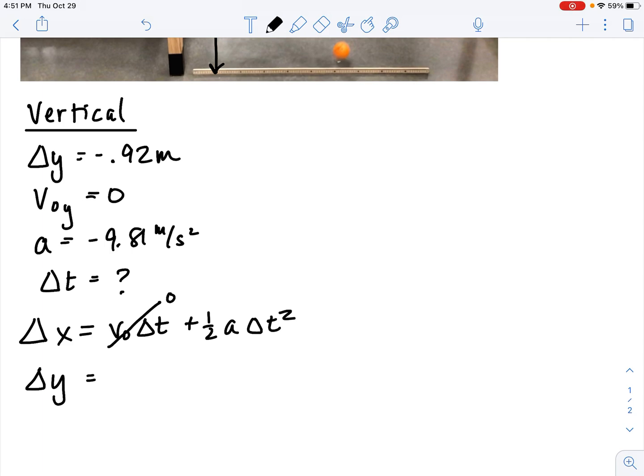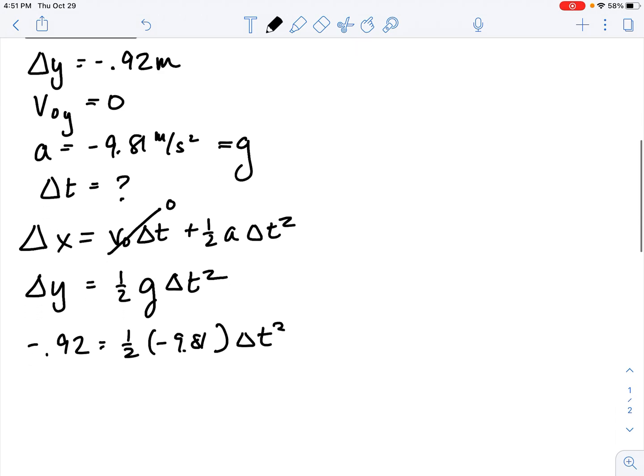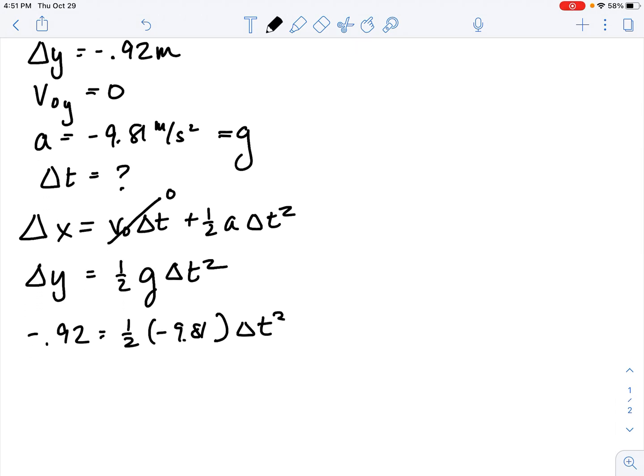V naught is 0. And instead of acceleration, I'm going to use g for negative 9.81. So I'd put in negative 0.92 equals 1/2 times negative 9.81 t squared. And then I'm going to get out my trusty calculator and solve this.